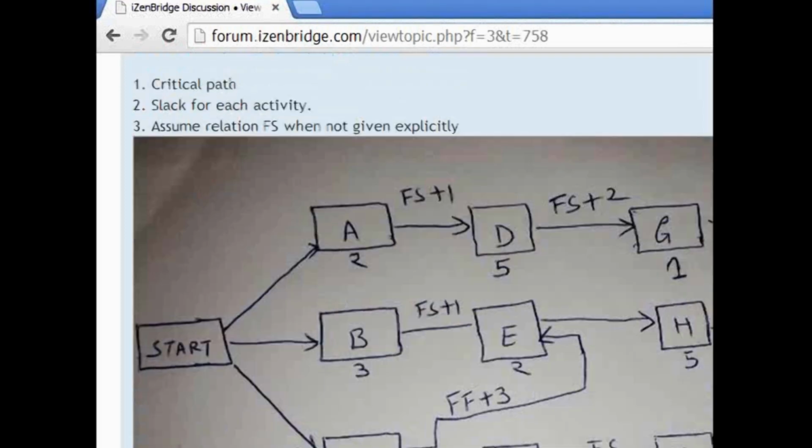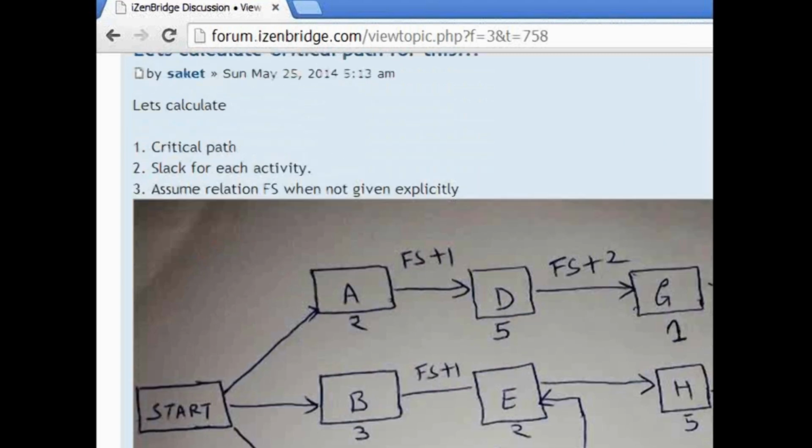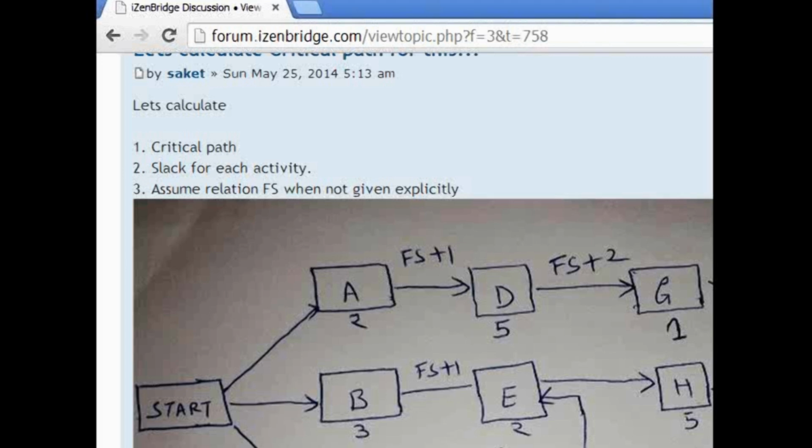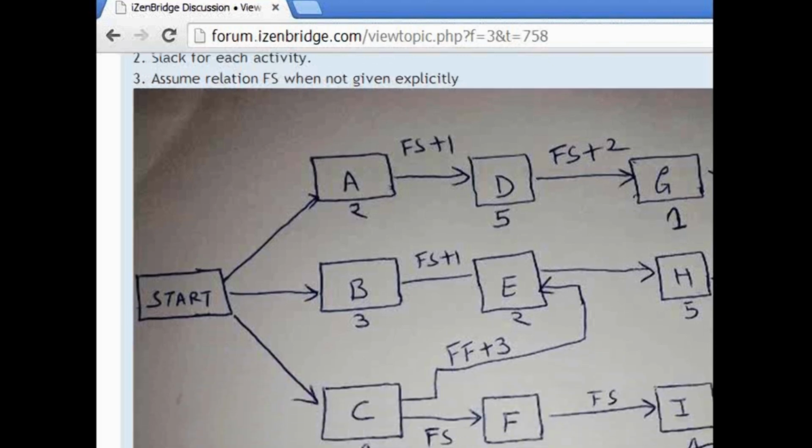You can try solving it even here if you want, or you can visit our forum and see these questions. Here I spoke about the network diagram, and this was the simple one where we were only using FF and FS. If you try solving them, you will get an idea about lead and lag, as well as doing forward pass and backward pass.